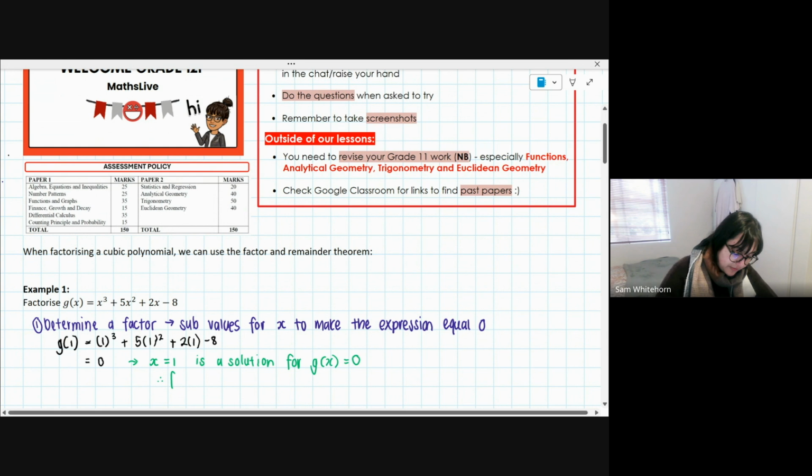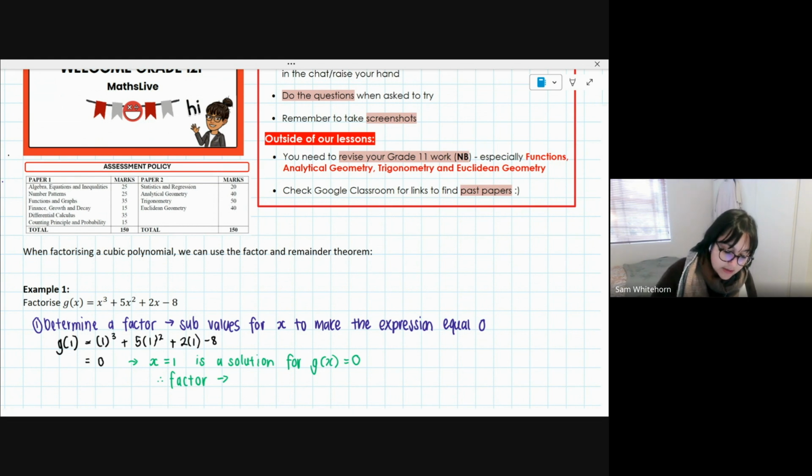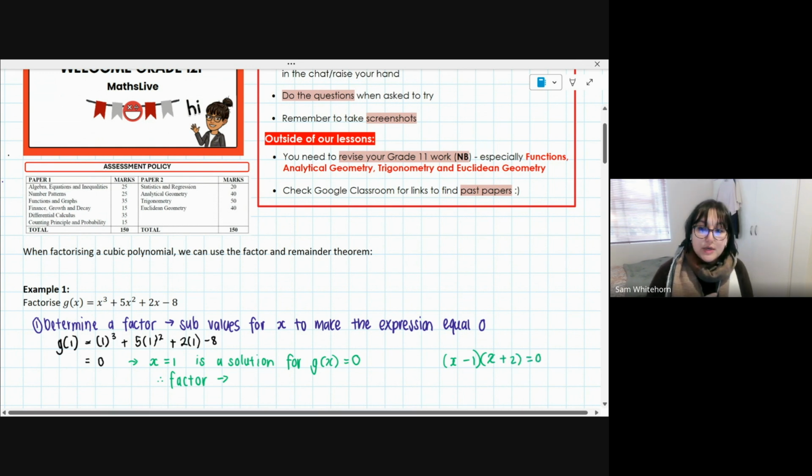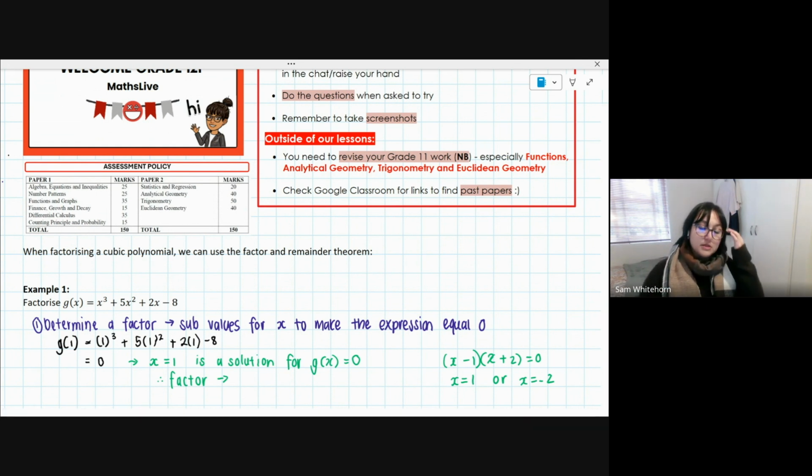So our factor is going to be, now you need to imagine what the bracket would be before you solve. If you think back to a quadratic, let's say you had factorized your expression and got x minus 1, x plus 2, equals 0. When you solved for x, you would have said x equals positive 1 or x equals negative 2. So we want to go back to the bracket that would result in a solution of positive 1.